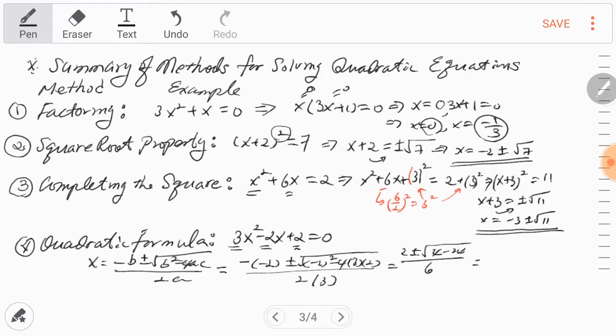Then this is equal to 2 plus or minus, okay, 4 minus 24 is negative 20, isn't it? Negative 20. The square root of negative 20 is a complex number. So that is equal to, okay, 20 is 4 times 5, right? 4 times 5. So 4 moves to the front, and 5 stays inside, and then i goes outside.